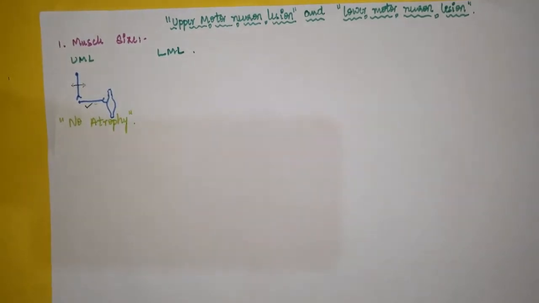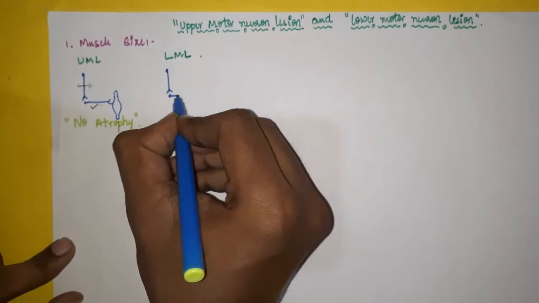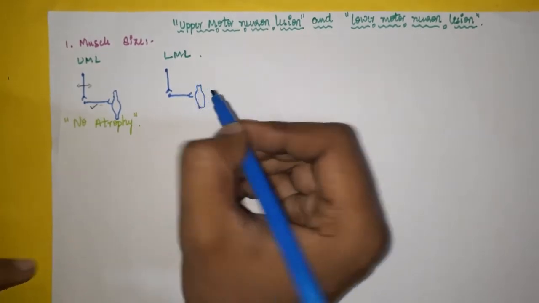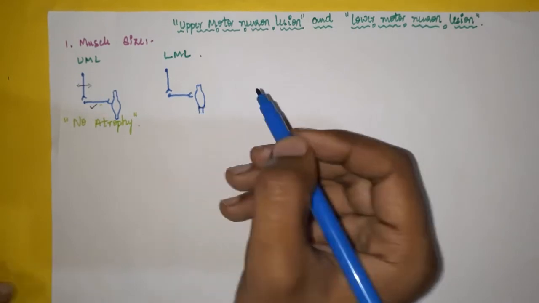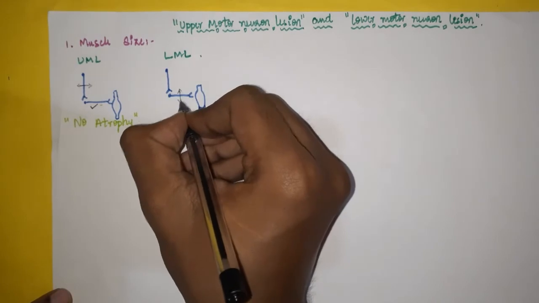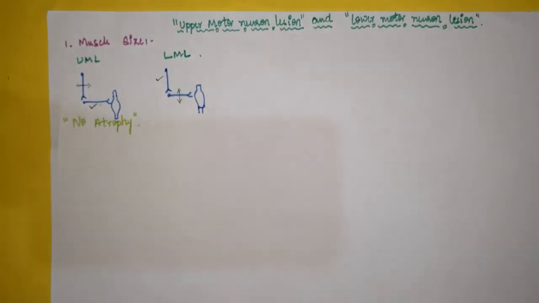But in lower motor neuron lesion, this lower motor neuron is damaged and the upper motor neuron remains intact.